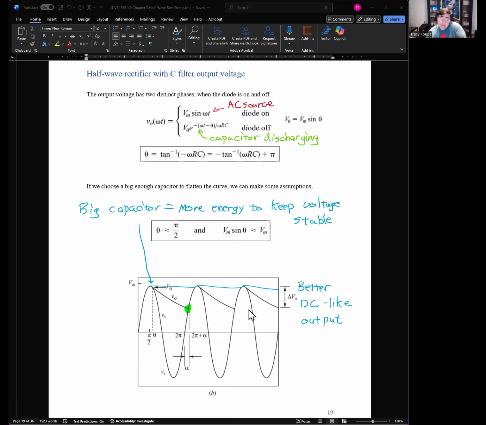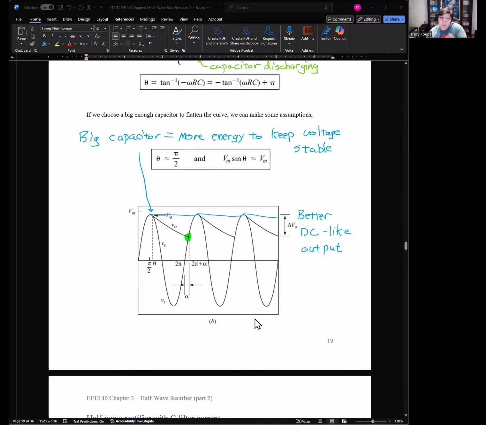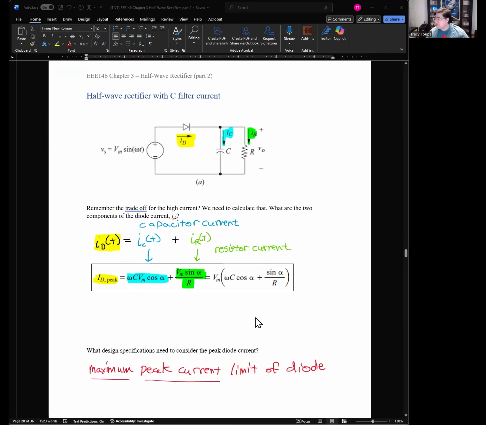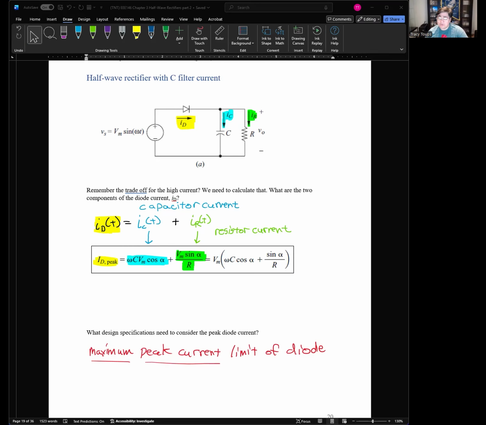And that's a design choice, right? It's always dollars versus performance at this point. You'll have to talk with your vendor and your specifications for the equipment you're making, and you'll have to make that call. Okay, that's for the voltage.